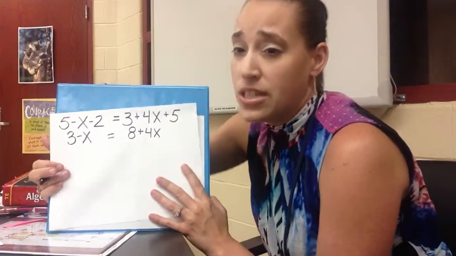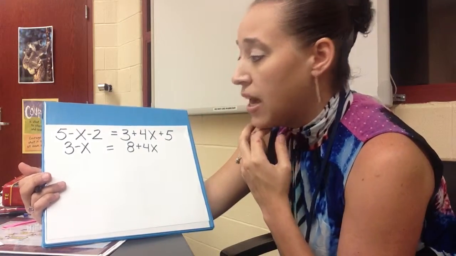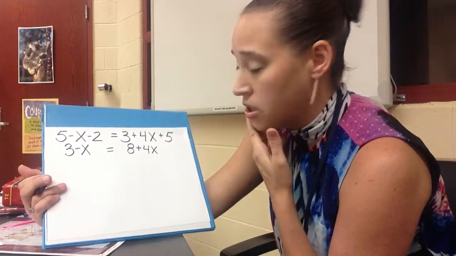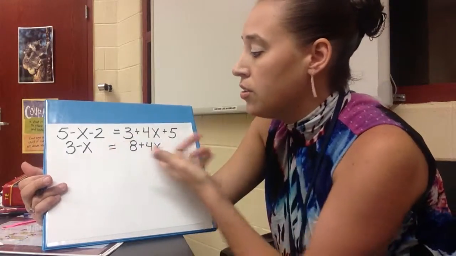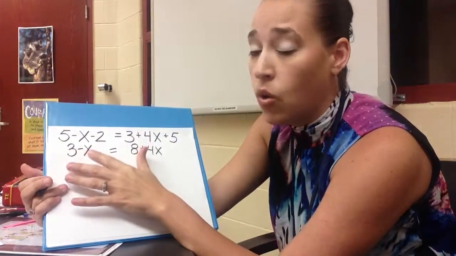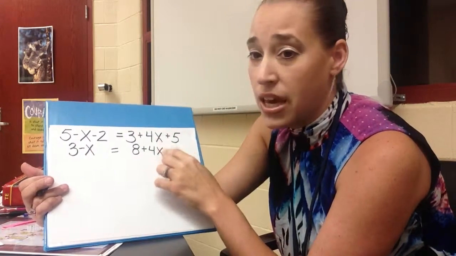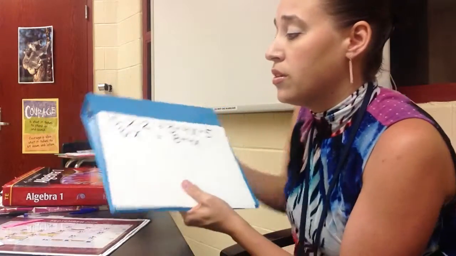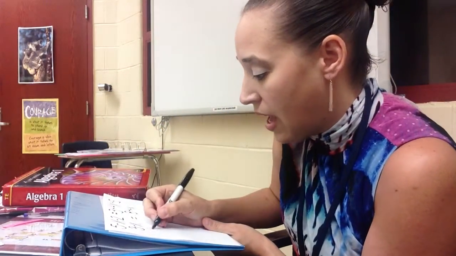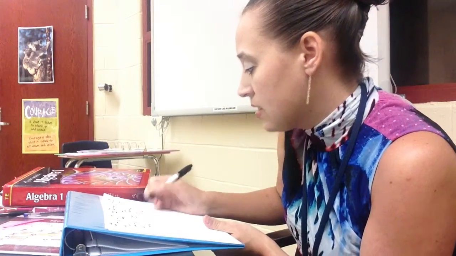To make your life simple, what you want to do is keep x positive. You do not want to turn x negative. So you're going to look at your two x's. 4 is bigger than 1. So I want to bring this x over here to keep the x positive. So what I'm going to do is simply add an x, add an x.